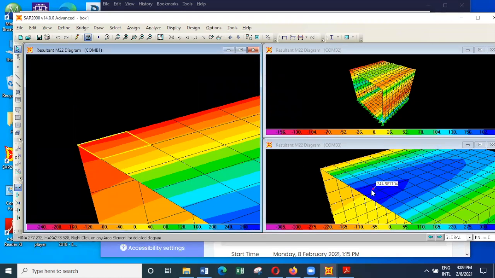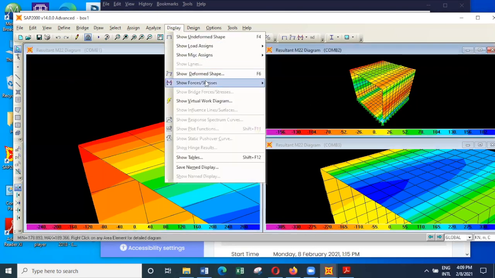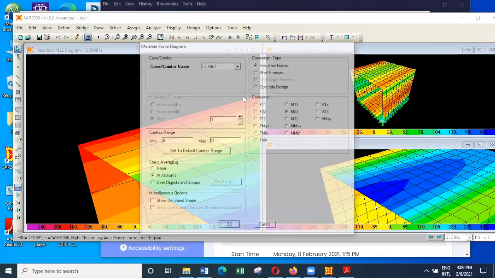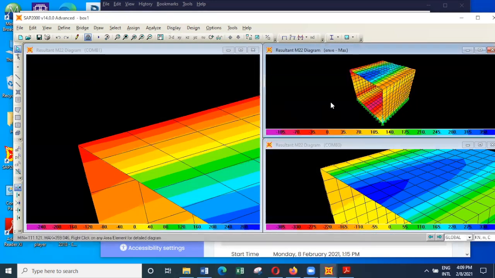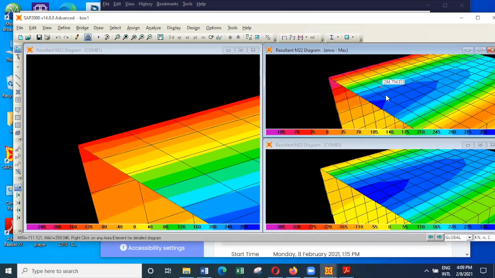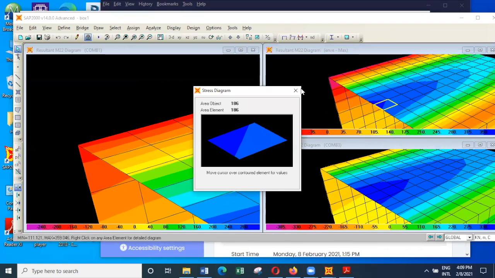And then, generally we look at the envelope, that is the combination, and then you have to be careful. So here you get a maximum value, 349.